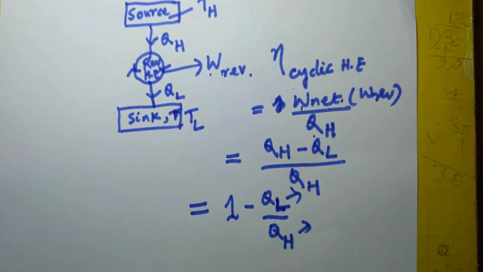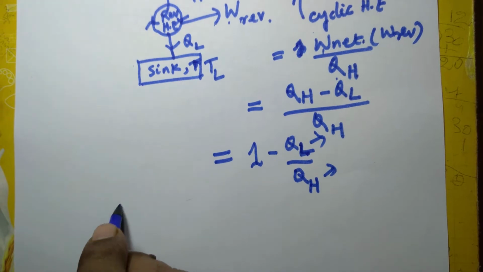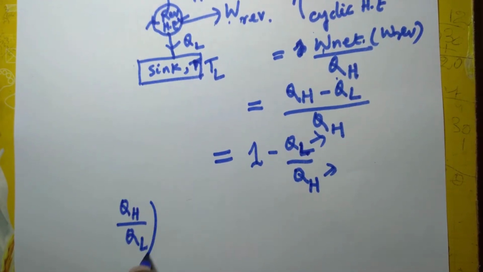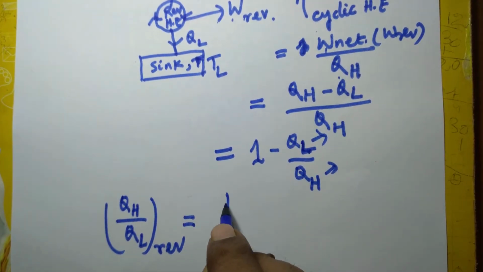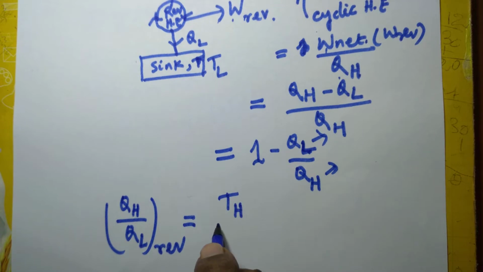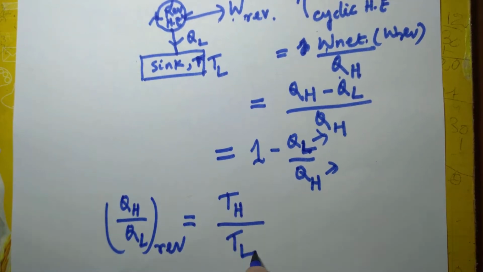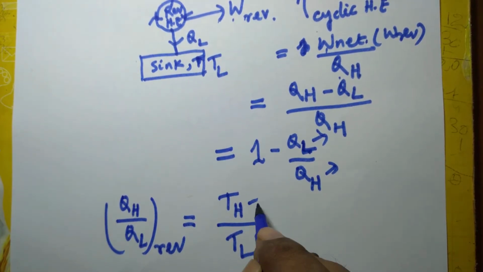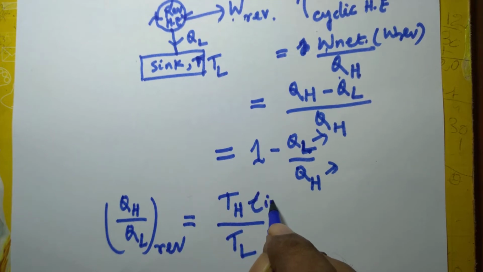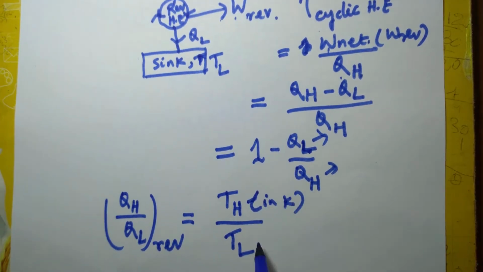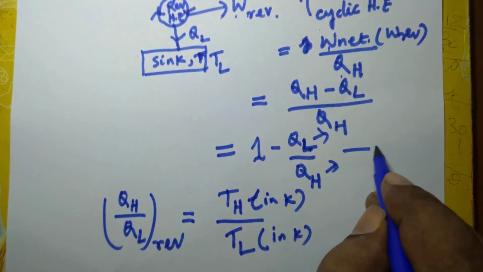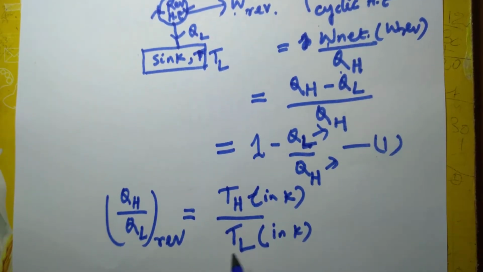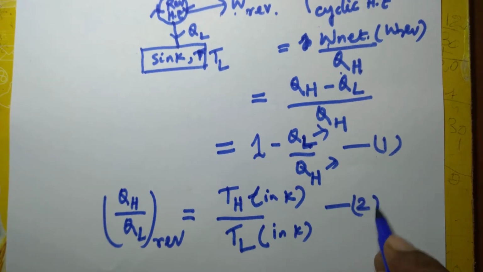In the thermodynamic temperature scale, we discussed that QH divided by QL, particularly for a reversible heat engine, is equal to the source temperature divided by the sink temperature, when both these temperatures are expressed in Kelvin, or absolute temperatures. Suppose this is your equation 1 and this is equation 2.